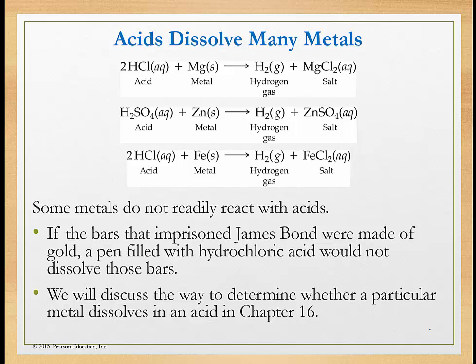Well, if somebody were to put James Bond in a prison made with gold bars, his pen full of acid wouldn't do him any good in that case. Now, there are ways to determine whether or not a particular metal will dissolve in an acid, and that is talked about in chapter 16 of your book in reduction-oxidation reactions. So if you want to know more about that, I suggest you do go to chapter 16 and read through that chapter.